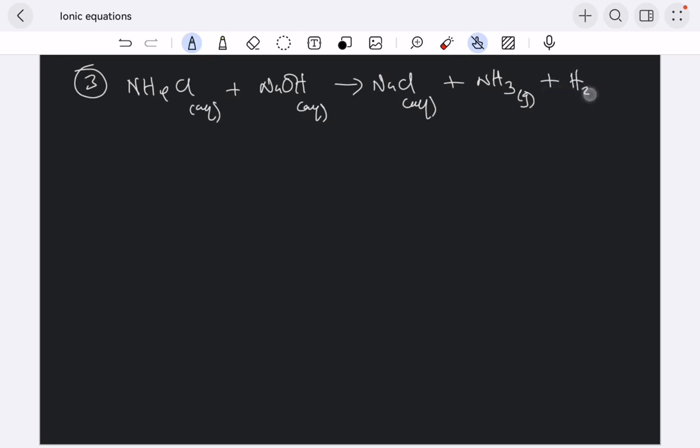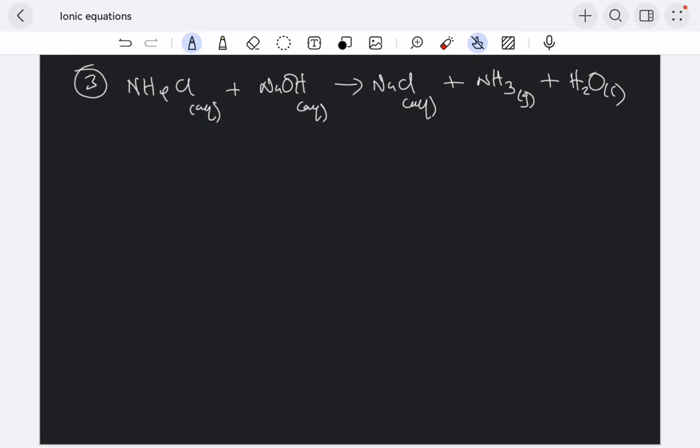Let's say ammonium chloride aqueous reacts with sodium hydroxide, which is aqueous, then this would give us sodium chloride aqueous plus NH3 gas plus H2O liquid. So here we have to check if the equation is balanced, and the equation is already balanced.